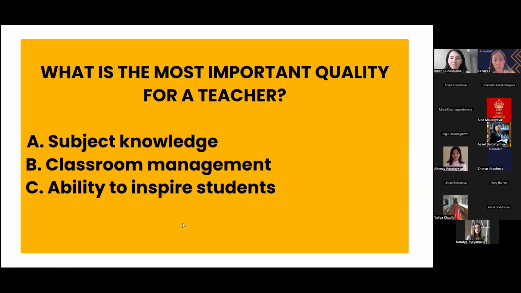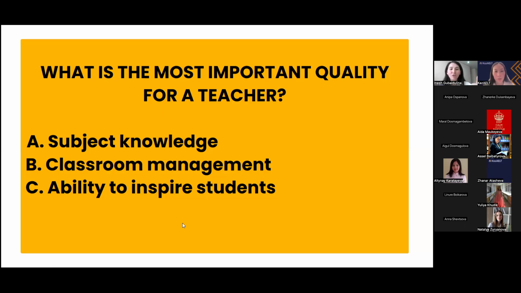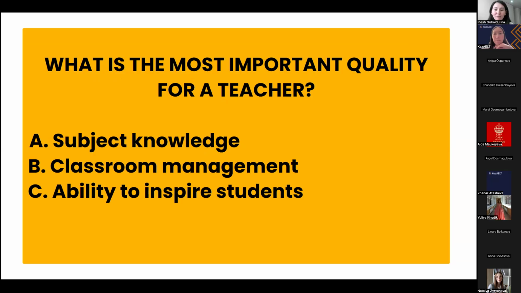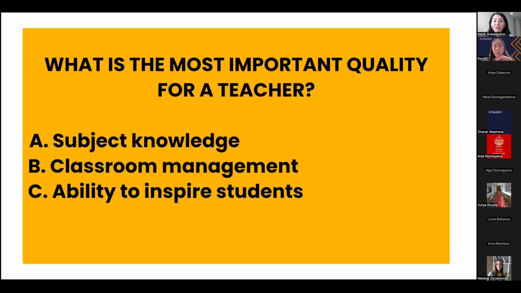Okay, now it's clear. So choose the room. Room number 1, subject knowledge. Room number 2, classroom management. And room number 3, ability to inspire. So we decline the invitation to join Zal 1.